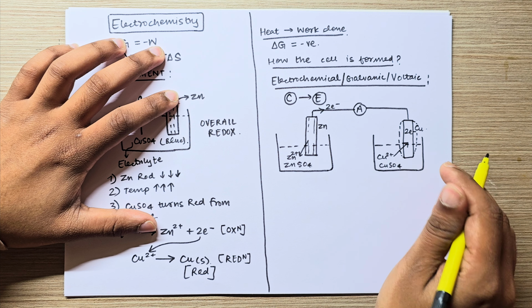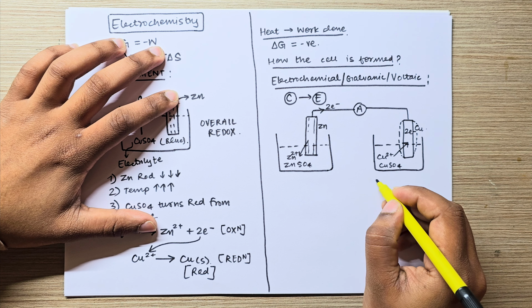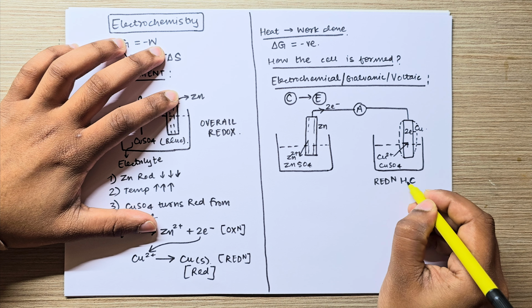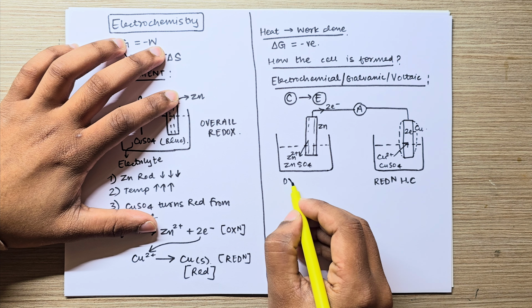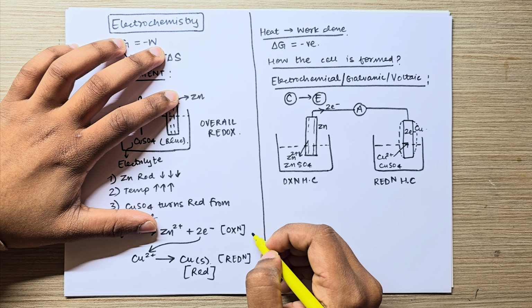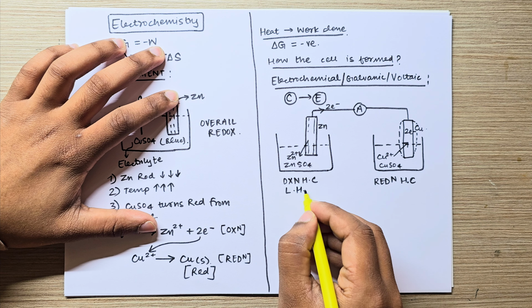So this is a half cell, and this half cell is known as the reduction half cell. And vice versa, this is known as the oxidation half cell. You can also call it the left half cell.